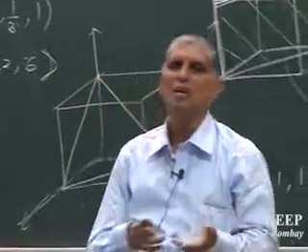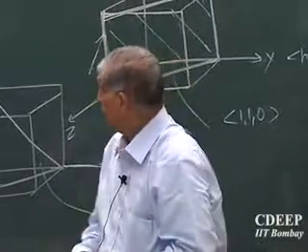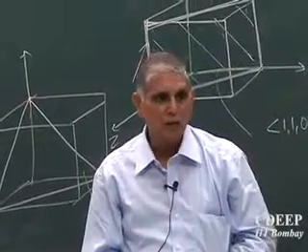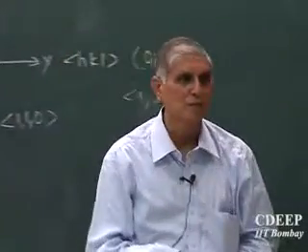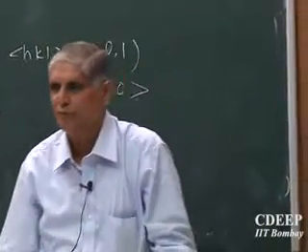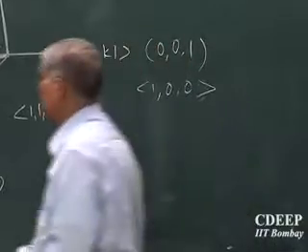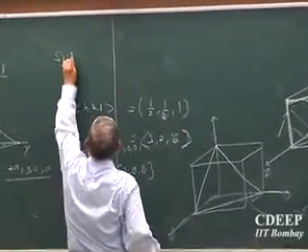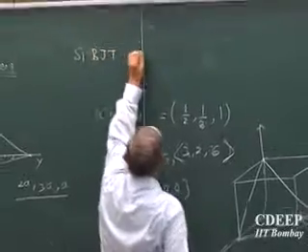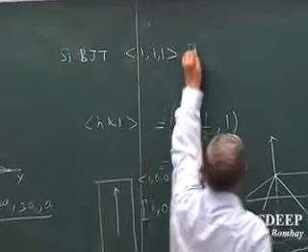By similar argument, I can get 1, 1, 0 or 1, 1, 1. In the case of bipolars, please write down: in the case of silicon BJT, 1, 1, 1 planes are the preferred planes.